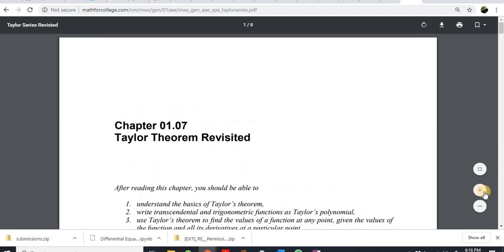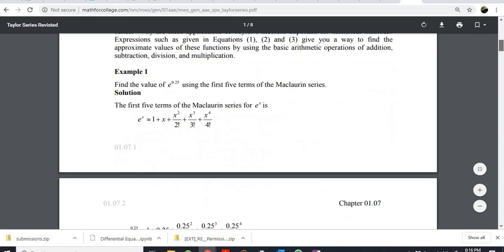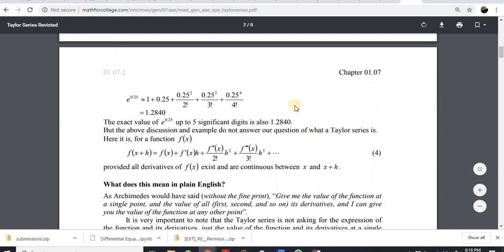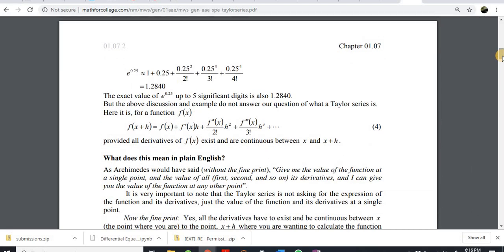I think he goes through the theory of Taylor series. He shows the formula in terms of derivatives. The idea about Taylor series is that in order to find a function at any point whatsoever, all you need to know are the derivatives at one particular point.